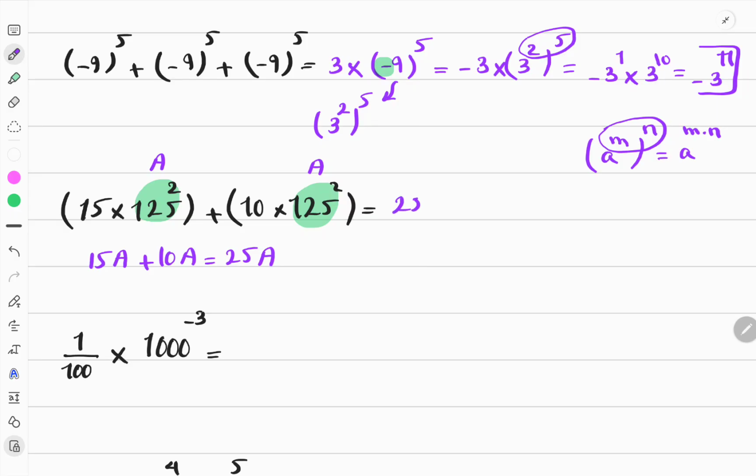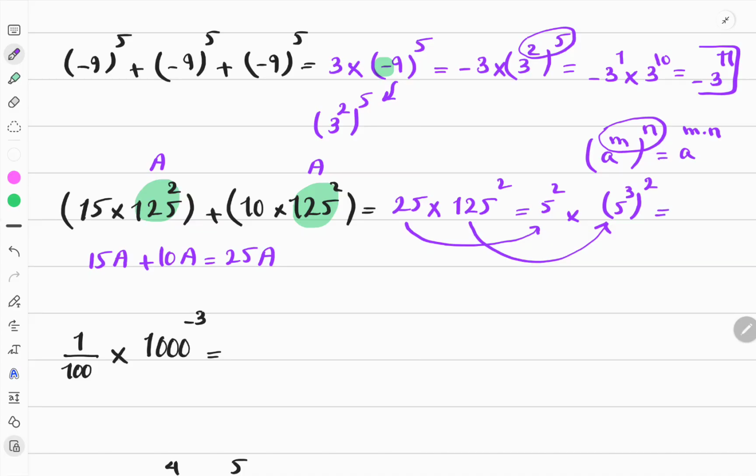So the answer is 25 times, and a is 125 squared. There is no common base or exponents, so we just need to change bases. We can rewrite 25 as 5 squared and 125 as 5 cubed raised to the 2.